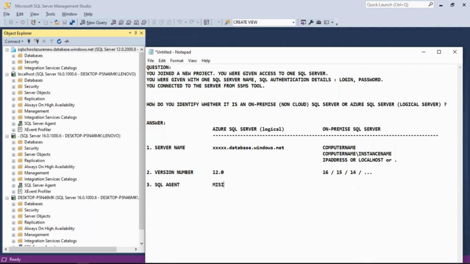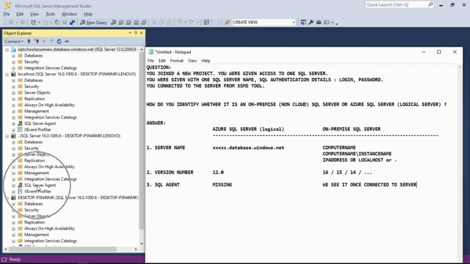It is missing here, whereas we see it once connected to the on-prem server. Please see here, no agent. Here you see the agent, like this.